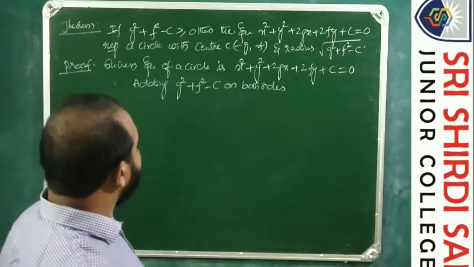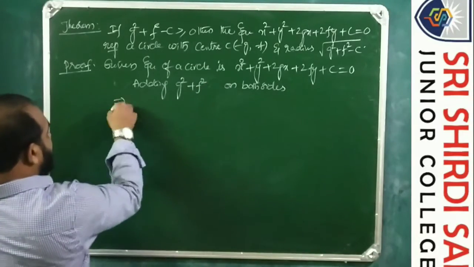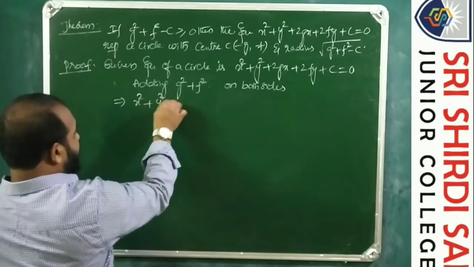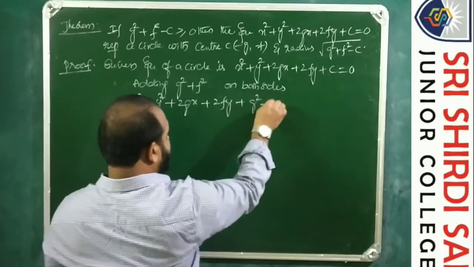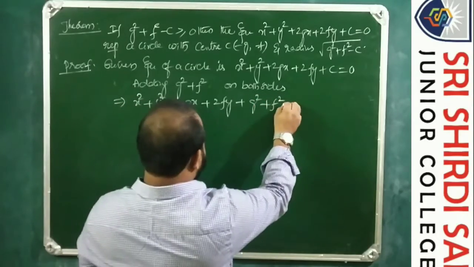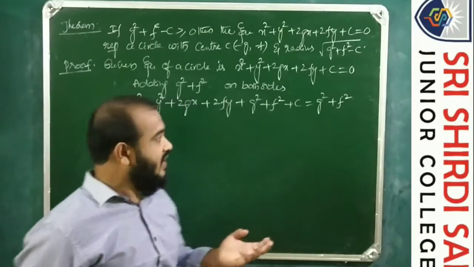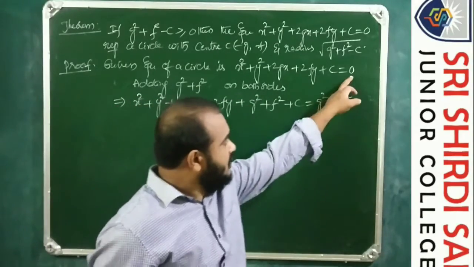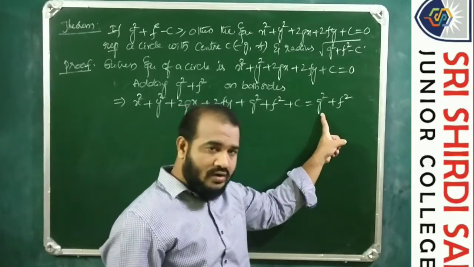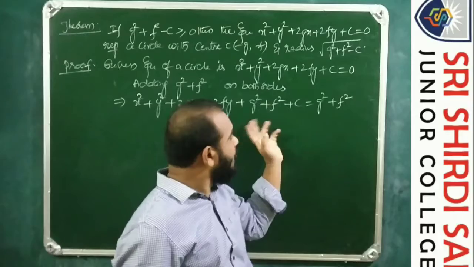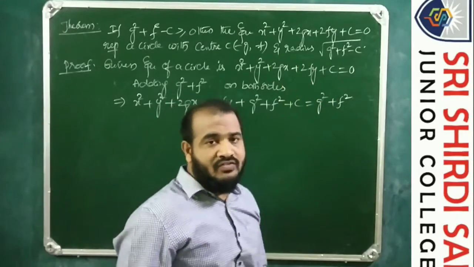Now this is x square plus y square plus 2gx plus 2fy plus g square plus f square plus c is equal to g square plus f square, without loss of generality. So the g square plus f square I have added on the right side, the same g square plus f square I have added on the LHS as well. Therefore these two get cancelled, and we are left with again the same equation of the given circle.